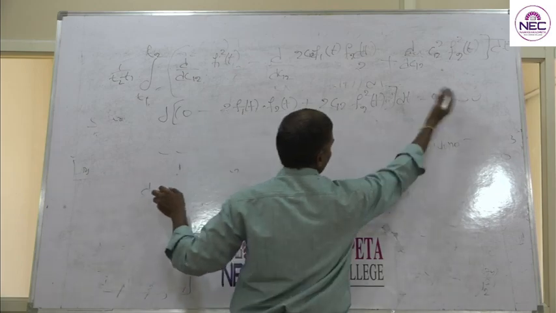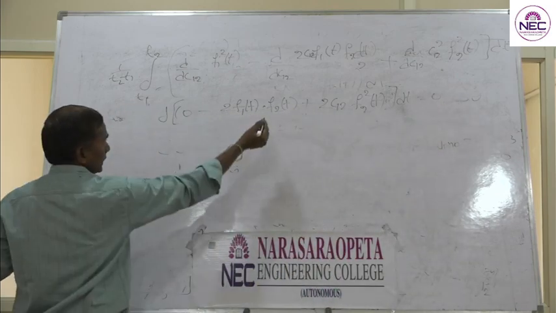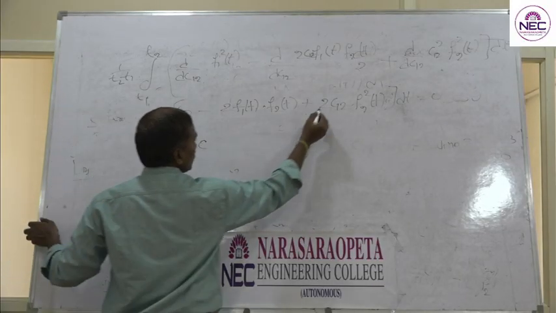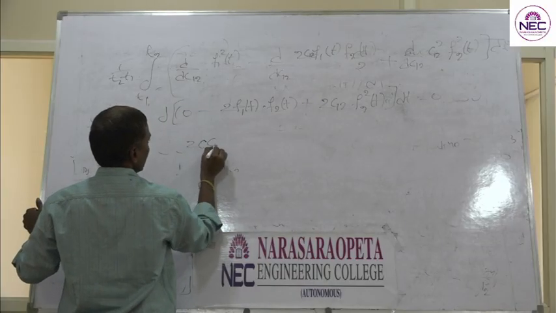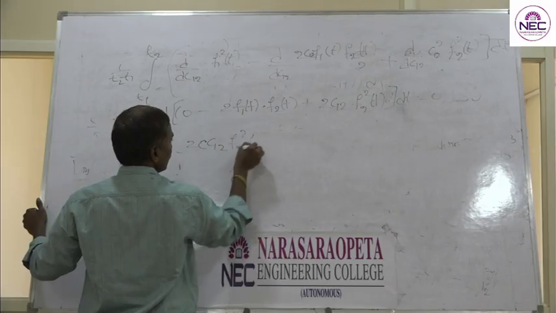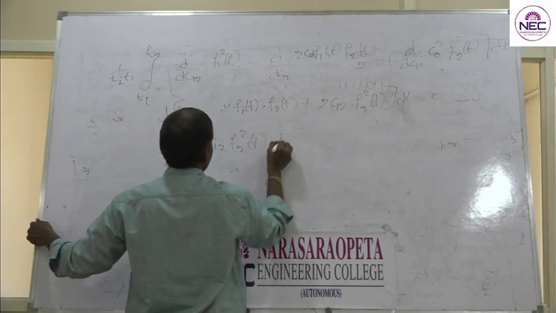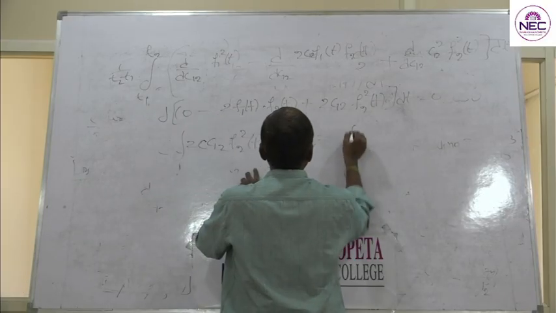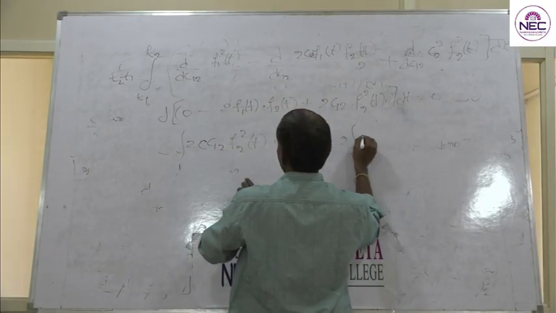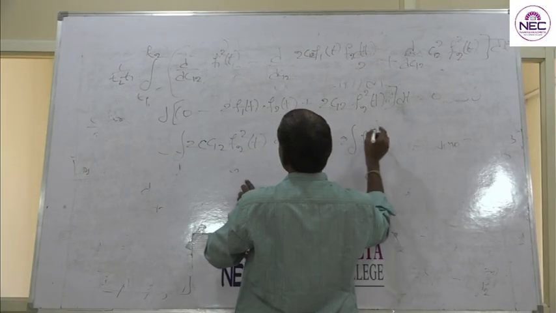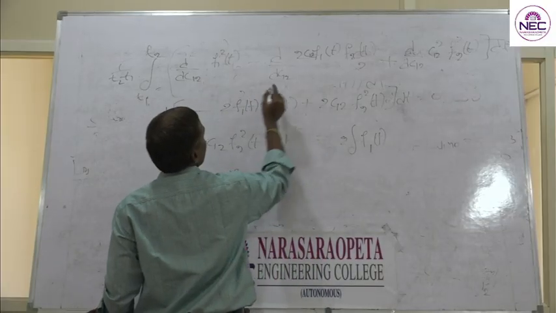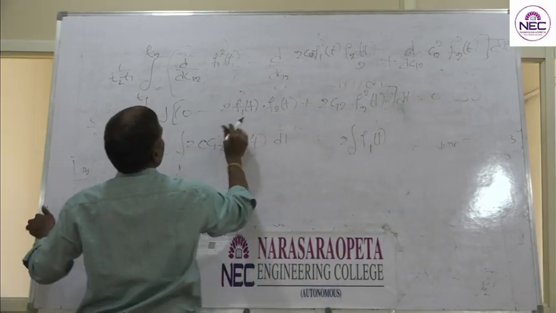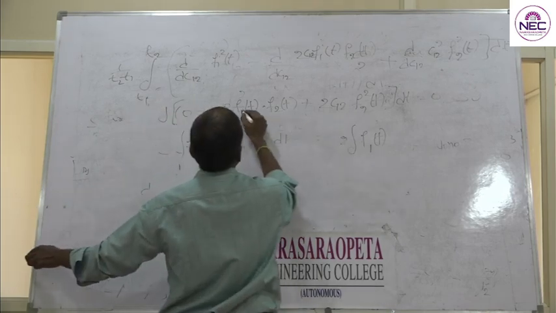If I take one term to the other side, the remaining term is, so 2 gets cancelled, 2 c12 f2 square of t dt integral equal to the integral of 2 f1 of t f2 of t. This is f1, this is f2.